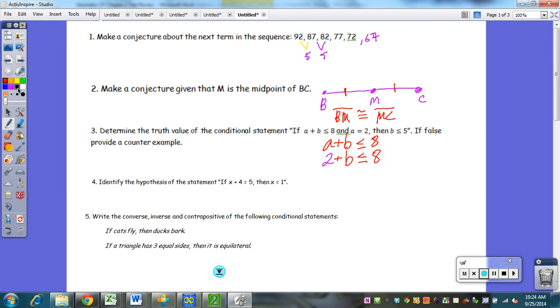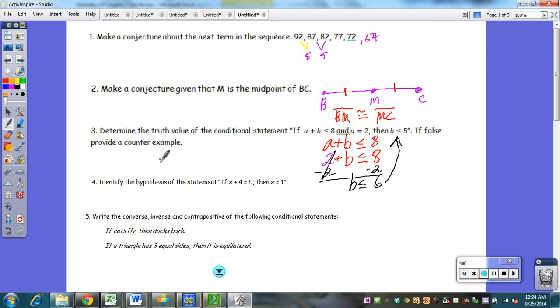Now, when I solve for this, then this tells me that B is less than or equal to 6. Well, that's not what I had there, so that's a false statement.